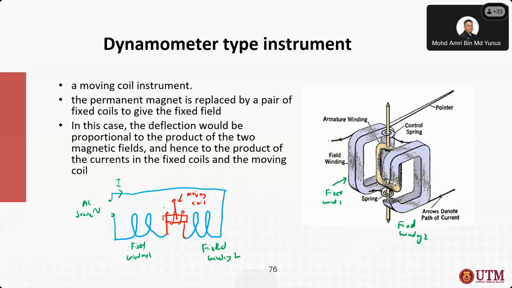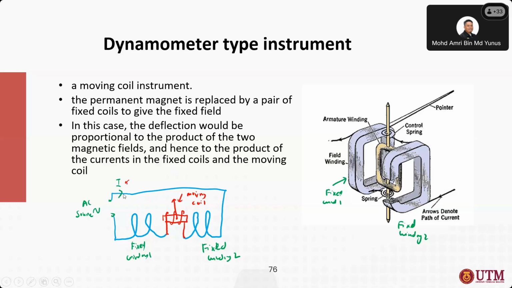The magnetic field of the fixed windings will cause the moving coil to rotate, and the rotation magnitude is proportional to the magnitude of the current. So it can be further modified.